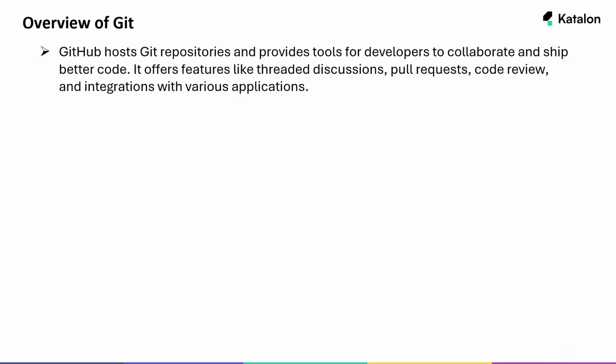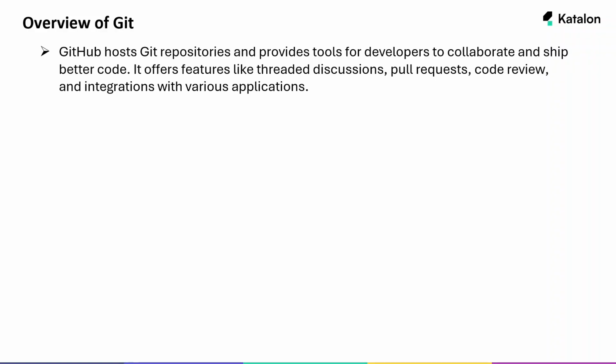GitHub hosts Git repositories and provides tools for developers to collaborate and ship better code. So now GitHub is one new term that we are using. Git is a repository. GitHub is a tool that developers and testers can use to collaborate and ship better code.